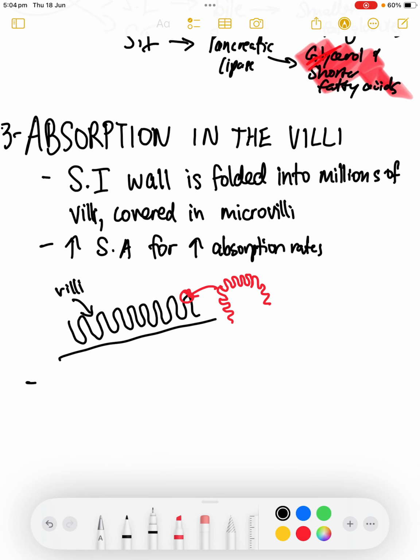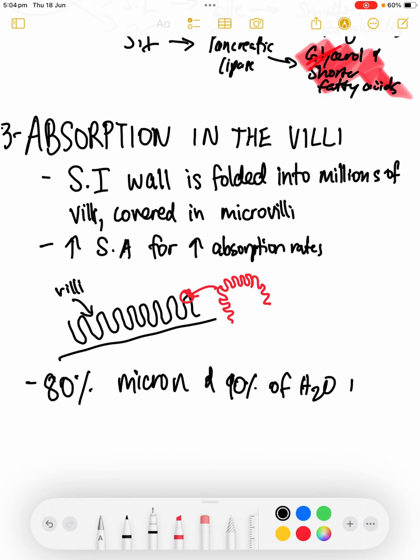So roughly 80% of micronutrients, I'm just going to write micro N, and 90% of H2O is absorbed by the small intestines as well. And as I said, that's through diffusion, facilitated diffusion, active transport. But you don't need to know the exact process of how that's done, because it's more of a year 12 biology thing.